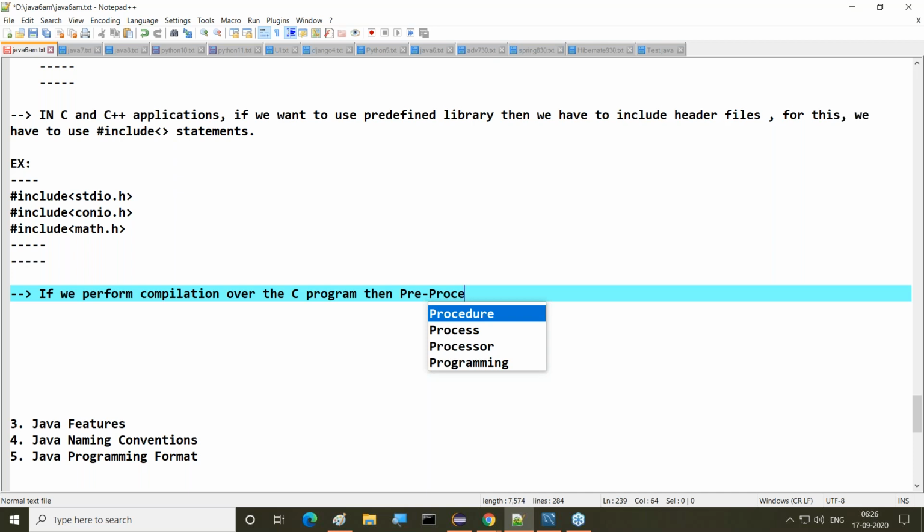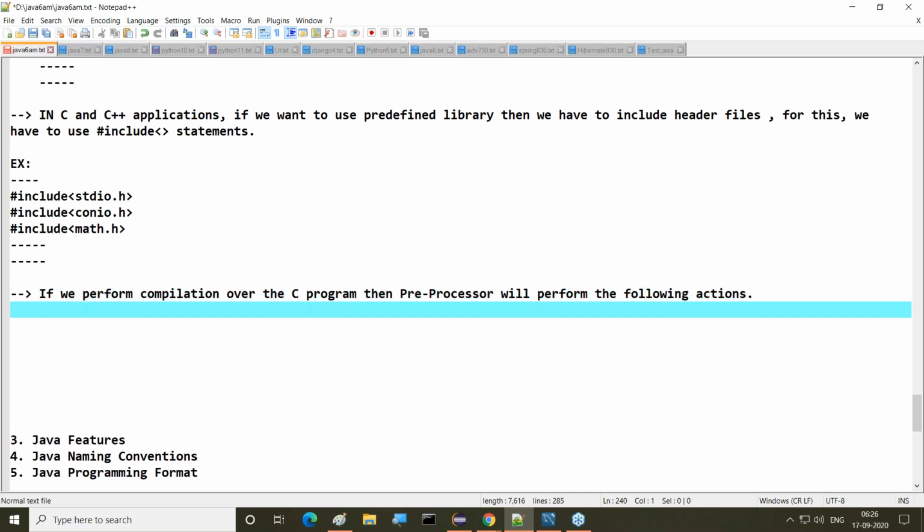Right, sir. Then if you perform compilation over the C program, the preprocessor will perform the following actions. What are the various actions this preprocessor is able to perform? Point number one, listen carefully.